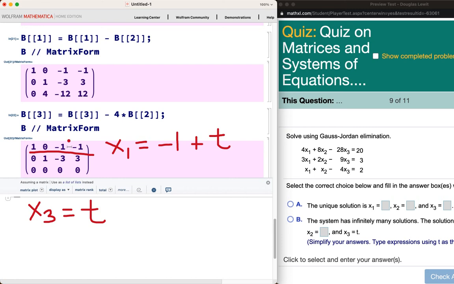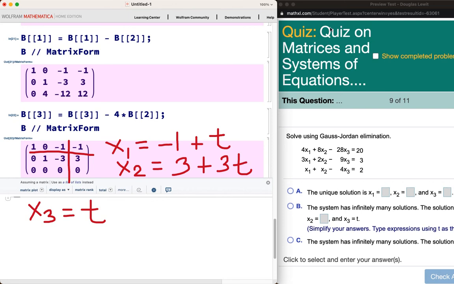Okay, remember, this is an equal sign right over here. And then x2 is equal to 3 plus 3t. Now, those are the answers.